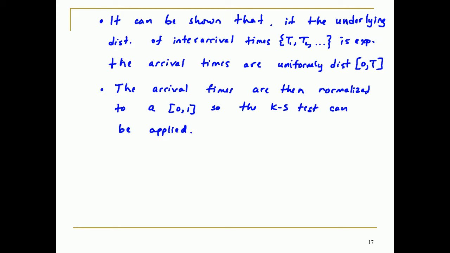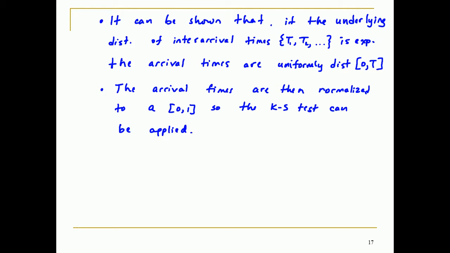So again, we are testing to see if the interarrival times follow an exponential distribution. But we cannot apply the KS test directly for the exponential. So in order to use the KS test, we use a fact, the one I'm writing on the first bullet: if the underlying distribution of interarrival times is exponential, then the arrival times are uniformly distributed.